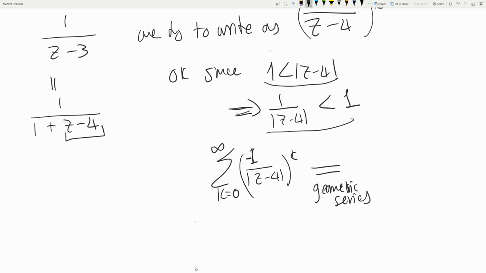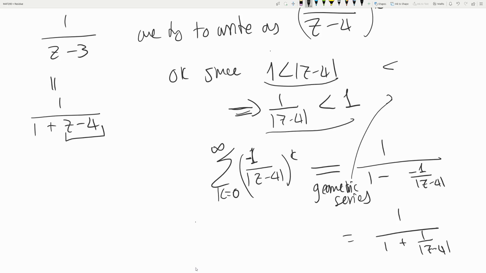So by the geometric series, you get 1 over 1 minus minus 1/(z-4), so you get 1 over 1 plus 1/(z-4). Is that okay? The geometric series is only true when r is strictly less than 1.